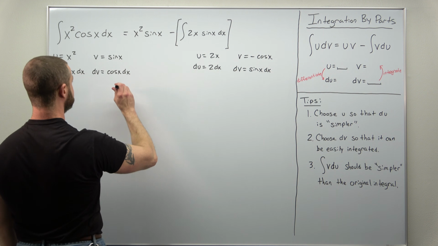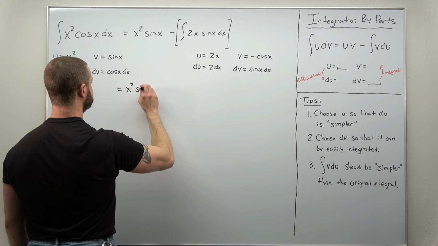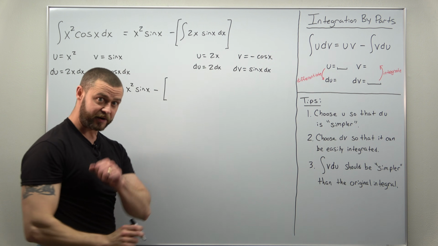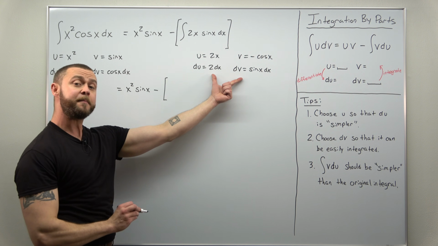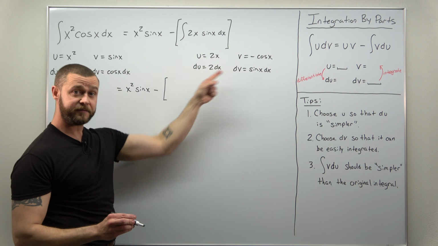All right, let's just carry our work down. So carry down your first uv term, x squared times sine of x, minus, followed by our parentheses or brackets. And then inside, we're applying the integration by parts formula, but now to our second choice of u and dv.